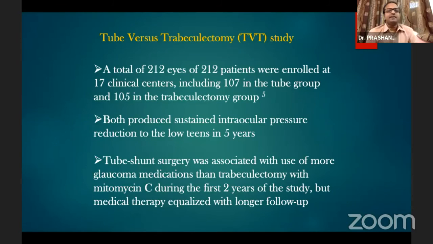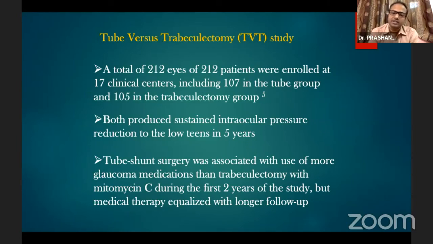Now, if we compare the result of tube versus trab, this is a landmark study which included 212 patients in 17 centers. 107 patients were included in the tube group and 105 patients in the trab group. What was found was that both tube and trab resulted in good IOP control up to 5 years.